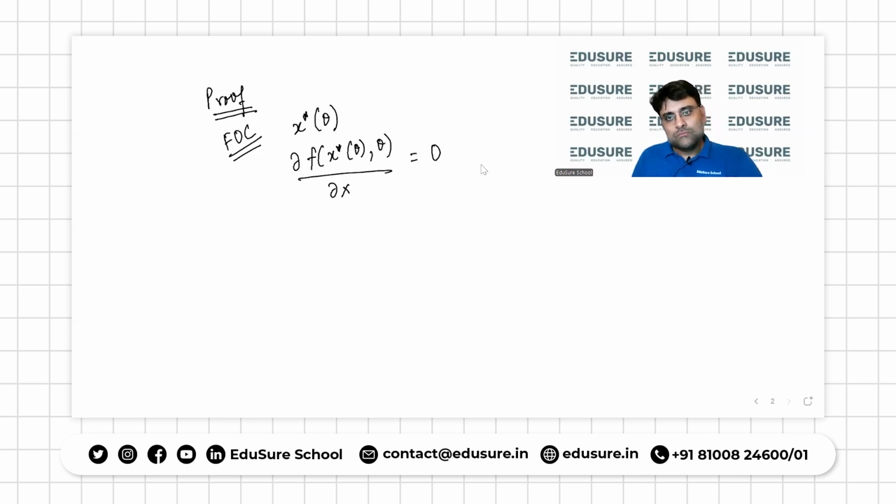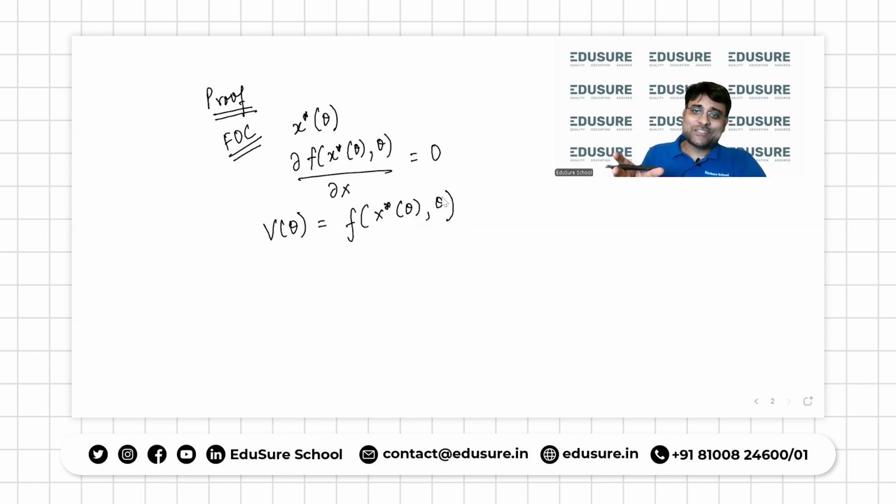Now let's take the value function v theta, which measures nothing but this f. So we need to find out how v theta changes with theta.